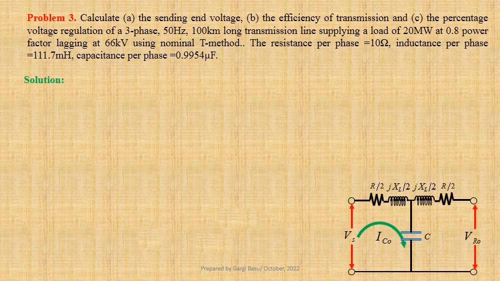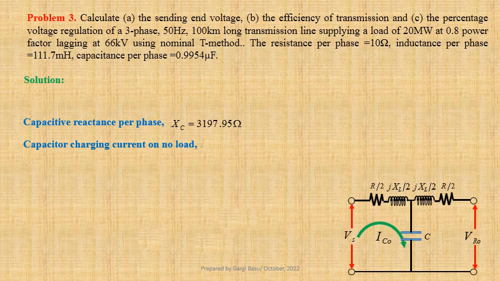We have obtained capacitive reactance per phase Xc equals to 3197.95 ohm and no load capacitor charging current ICO equals to 13.9913 ampere at an angle 96.2 degree.